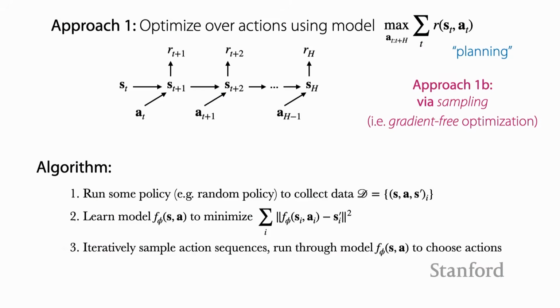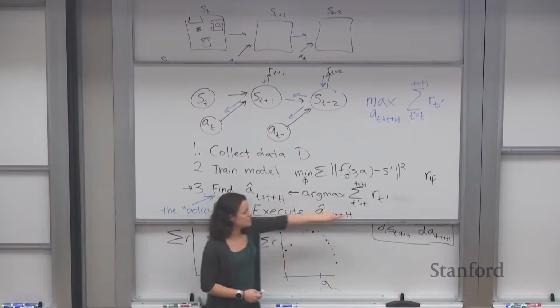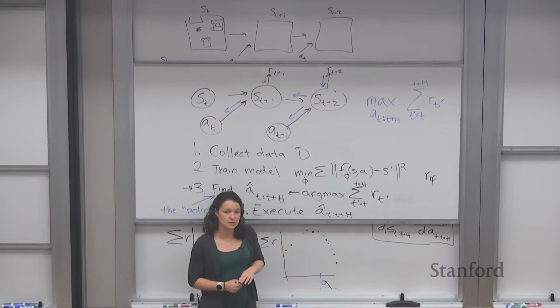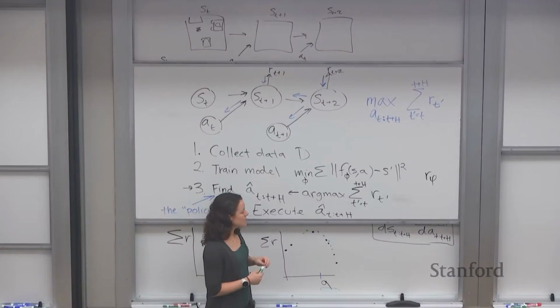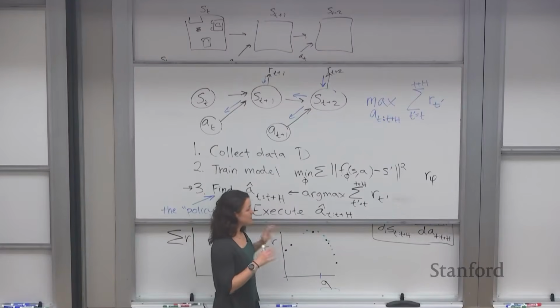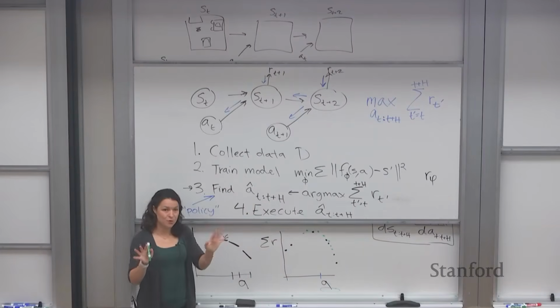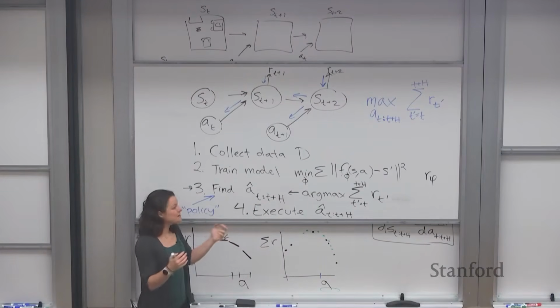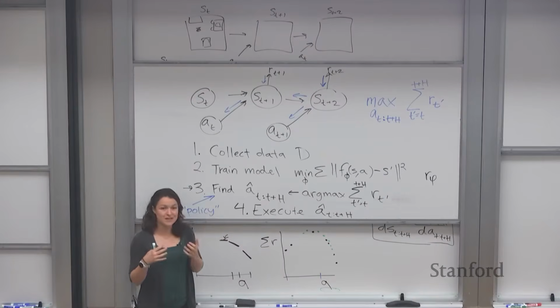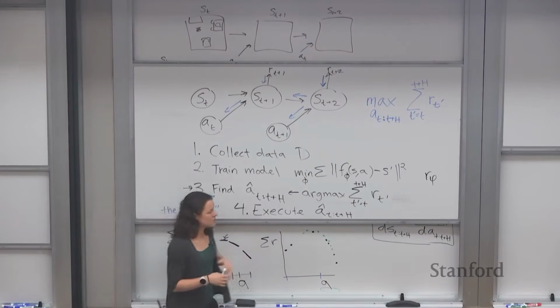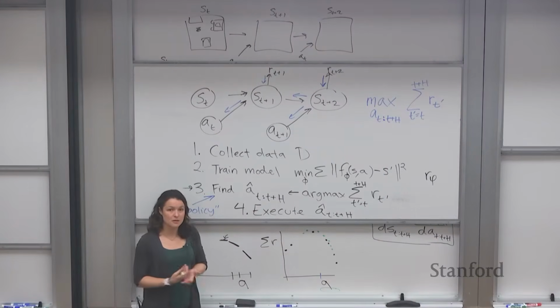So essentially things are the same, except the way that we do this optimization problem is going to change, where instead of running gradient descent, we could instead sample a bunch of different actions, imagine what will happen in the future and what rewards we'll get, and then potentially refine our selection of actions iteratively to then get a good outcome.